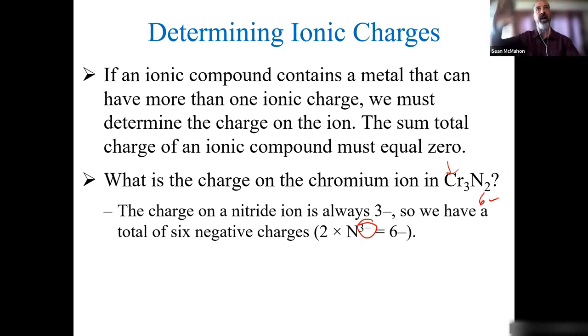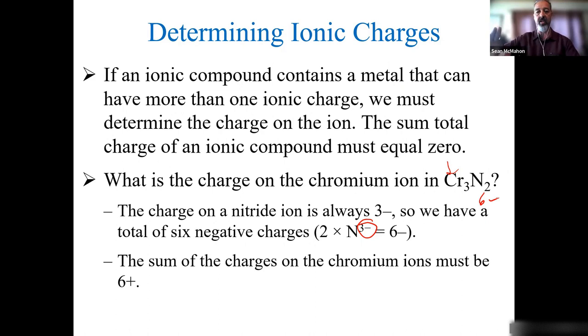So that means that the chromium, all of them, have to give me a 6 plus charge to make this a neutral ionic compound. Because 6 positive, 6 negative equals a net charge of 0. Because atoms and compounds are neutral. Ions are not. But when the ions come together to make a binary ionic compound, the compound's neutral.